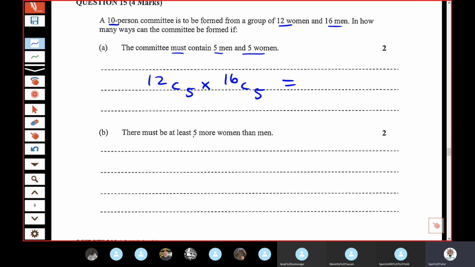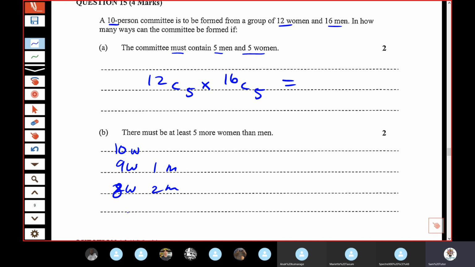There must be at least 5 more women than men. Right, at least 5 more. So that means it can be 10 women, 9 women and 1 man, 8 women and 2 men.